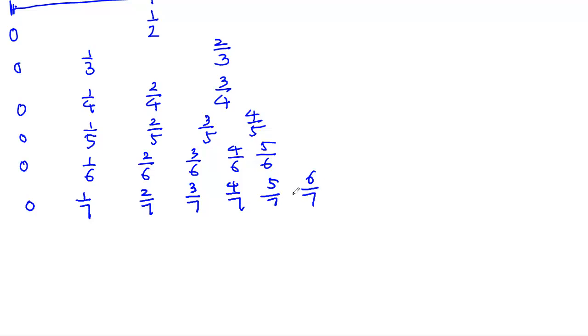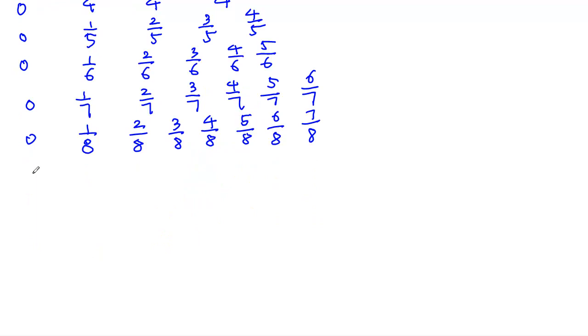We have 7 bars. 8: 1/8, 2/8, 3/8, 4/8, 5/8, 6/8, 7/8. 9: 1/9, 2/9, 3/9, 4/9, 5/9, 6/9, 7/9, 8/9.